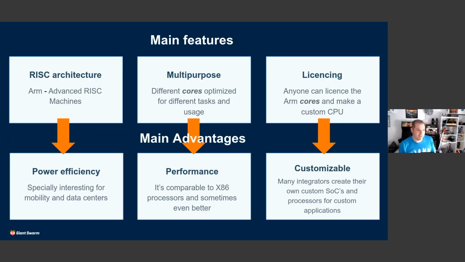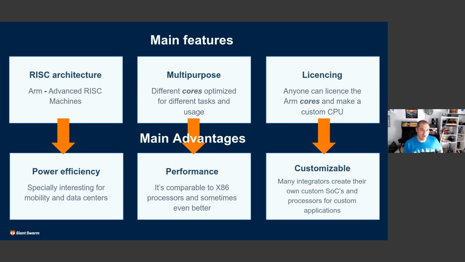The main advantage is that the architecture is made for simplicity, so it's more efficient and especially interesting for mobile, because batteries are very important. Then the design was multi-purpose, with different cores suited for different tasks, which makes it easy to customize performance and get very good performance per dollar.